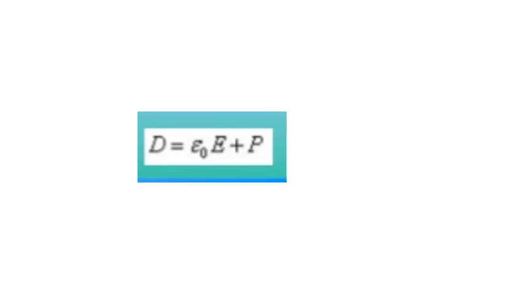Then the relation between these vectors is D is equal to epsilon 0 E plus P, where epsilon 0 is the permittivity. Now we will derive this; we will get this relation in the next slides.